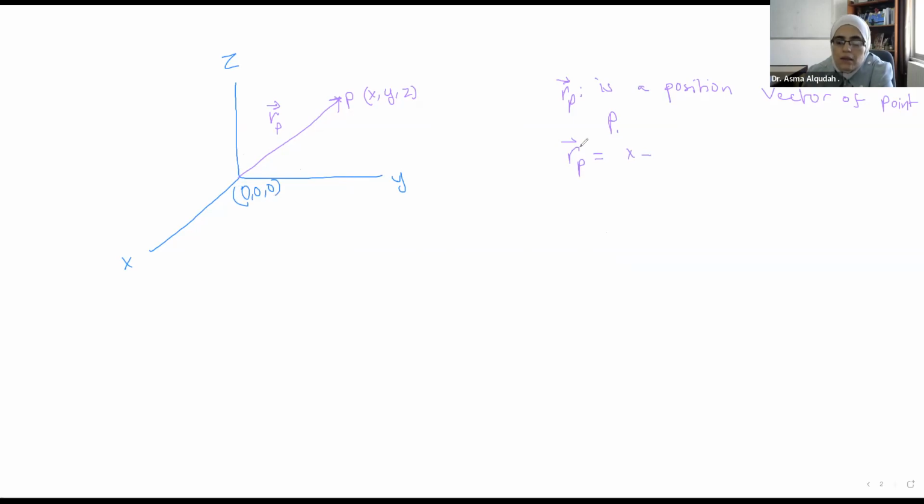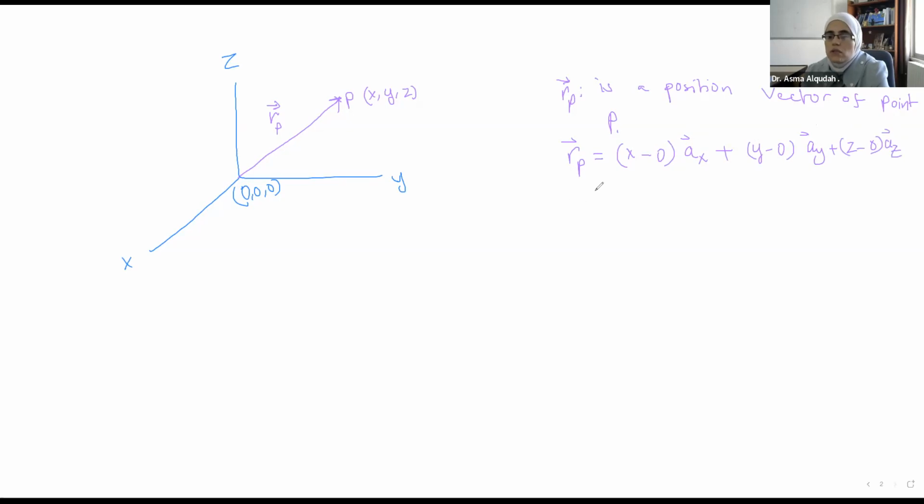So first, we have the component X of the point P, so X minus the X component of the origin, which is 0, along the X direction, plus Y minus 0 along the Y direction, plus Z minus 0 along the Z direction.